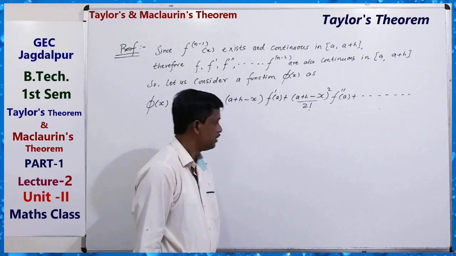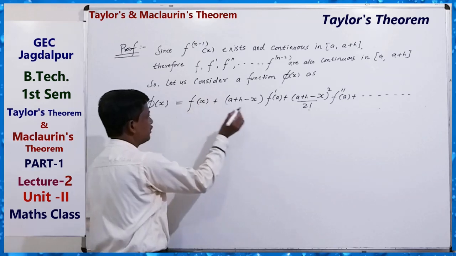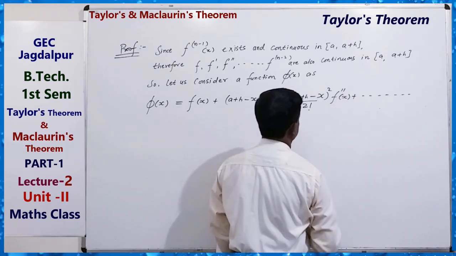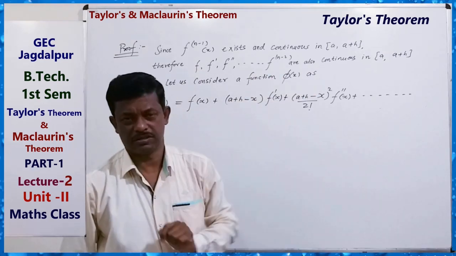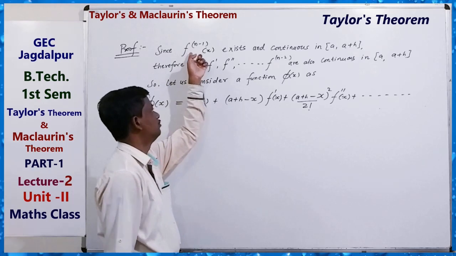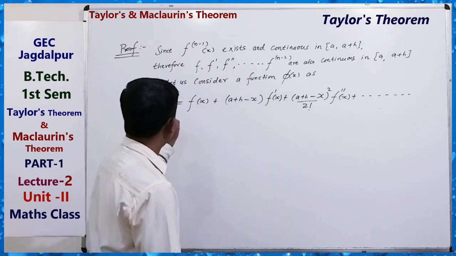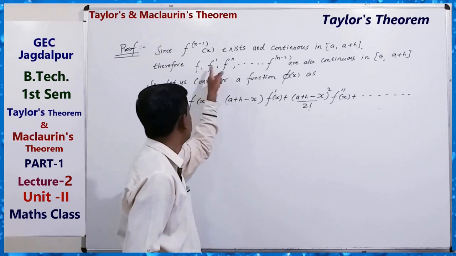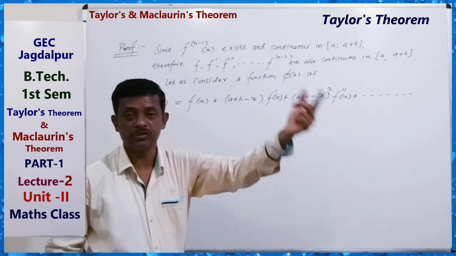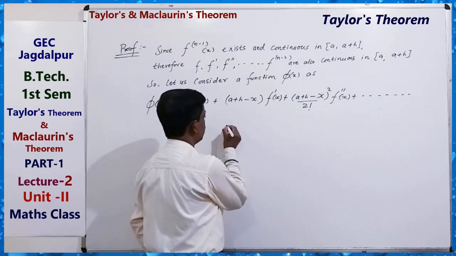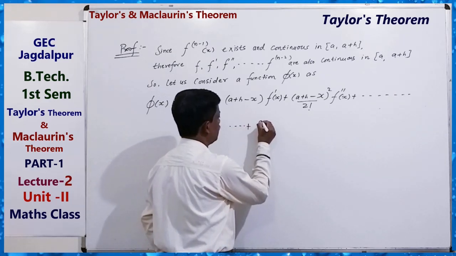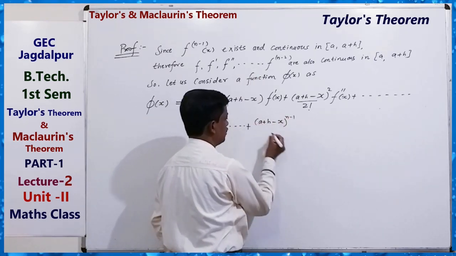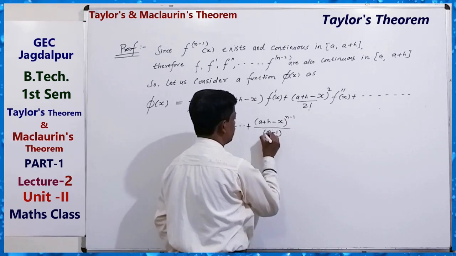we define it like this: because all these are continuous, and this is also continuous, we can combine this function f x, f dash x, f double dash x, up to f^(n minus 1) x, with (a plus h minus x) power n minus 1 upon n minus 1 factorial.